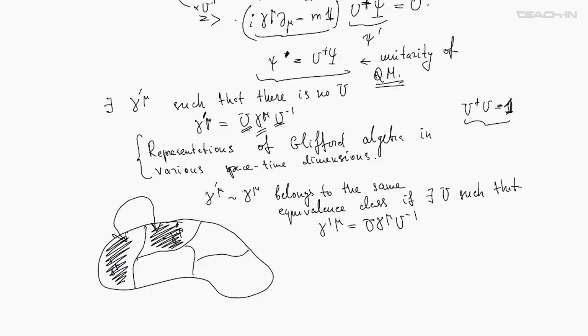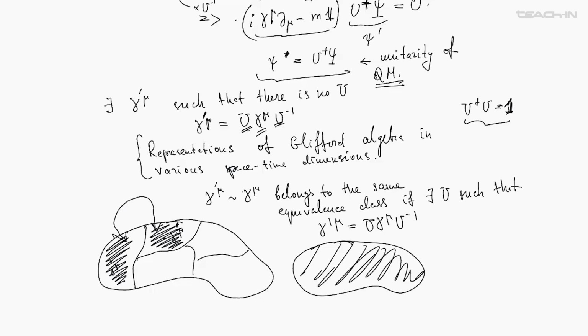So whatever representation of the Clifford algebra you construct, there will always be a unitary transformation which transforms this particular representation, for instance, to the Dirac representation we have introduced. So all gamma matrices realizing Clifford algebra are unitary equivalent.